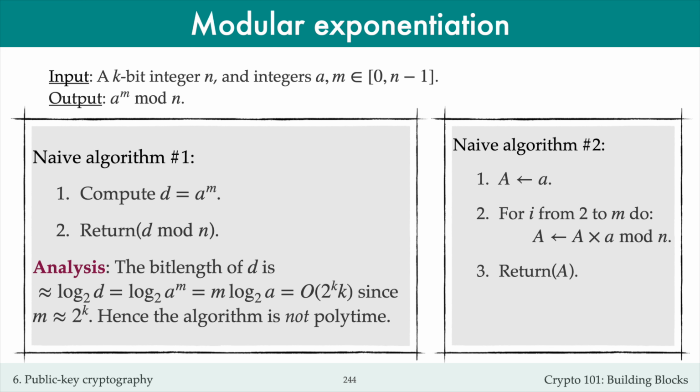Finally, we'll output a as a to the m modulo n. This algorithm is also not polynomial time. I'll let you verify this as an exercise, but your intuition should tell you that this algorithm cannot be considered to be efficient because we're doing the modular exponentiation by doing the multiplications one at a time.